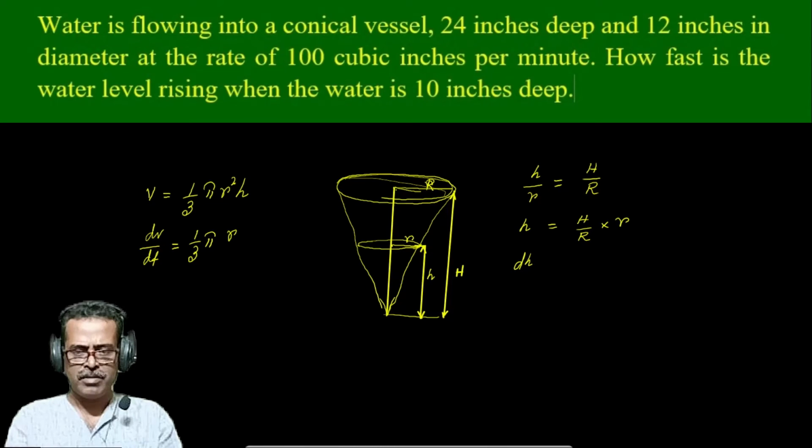So r square into H by R into r, d/dt of this is equal to constant pi H R by 3R into r cube, that is 3r square dr/dt.